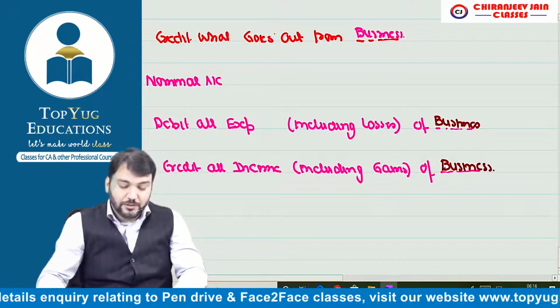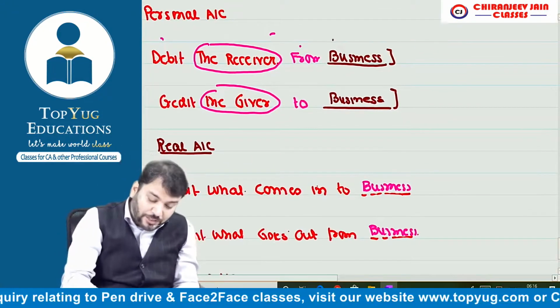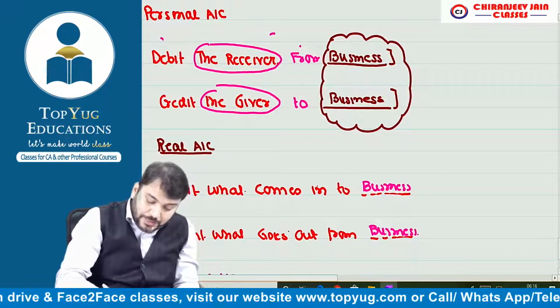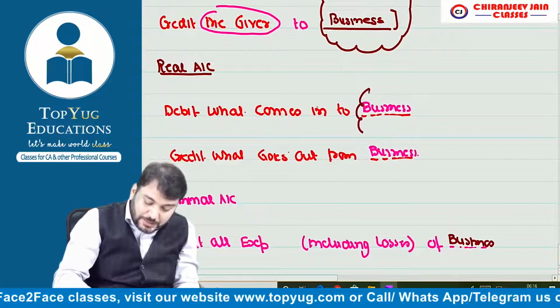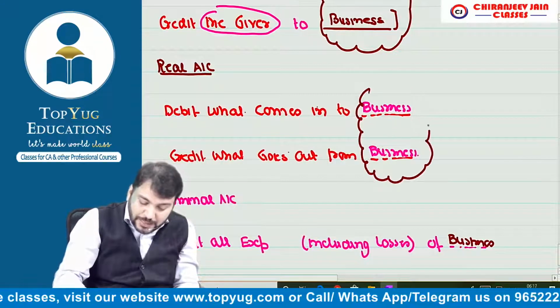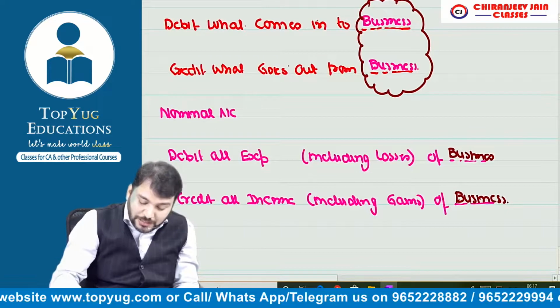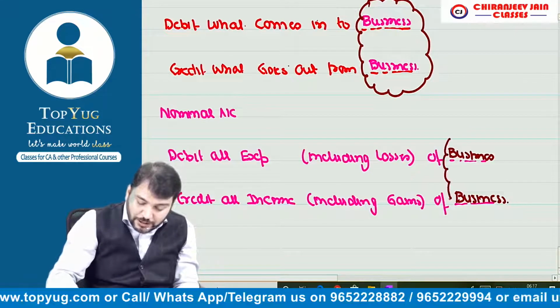Correct? Understood. You can see you are doing accounting for business. So this is common. Debit a receiver from business. Credit a giver to business. Debit what comes into business. Credit what goes out from business. Debit all expenses of business.